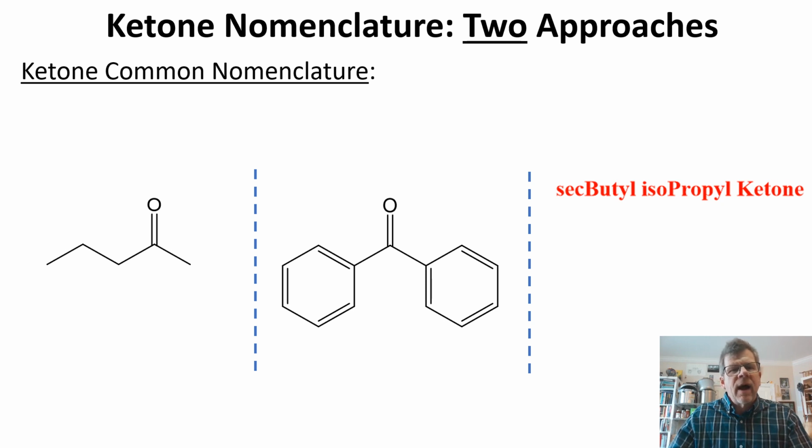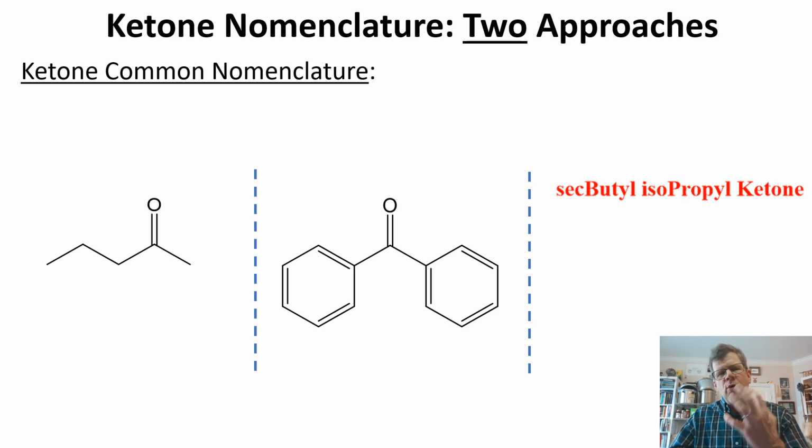Simple meaning we can easily identify, look over on the left, the architecture on either side of that ketone carbonyl now in the middle. All of those I can identify: propyl, methyl, phenyl, and so on.